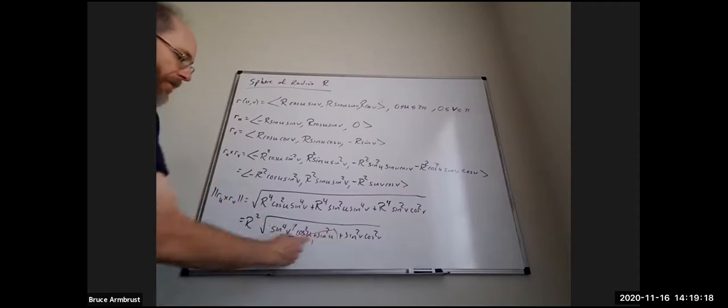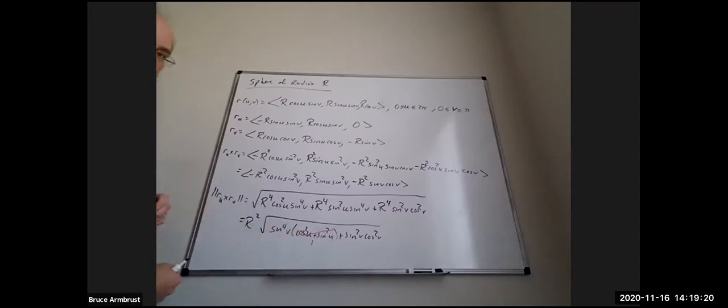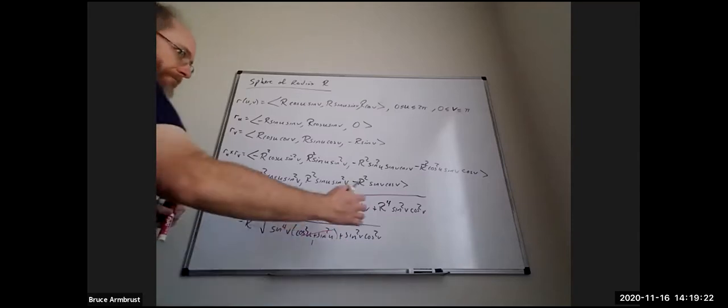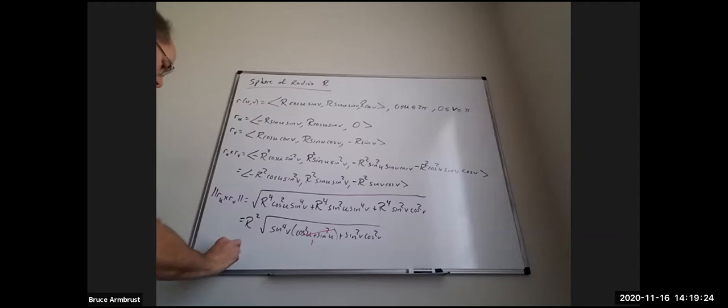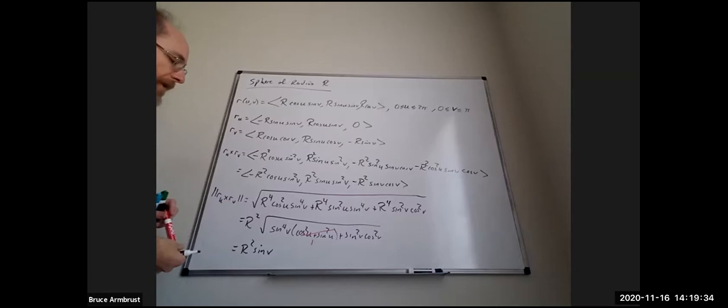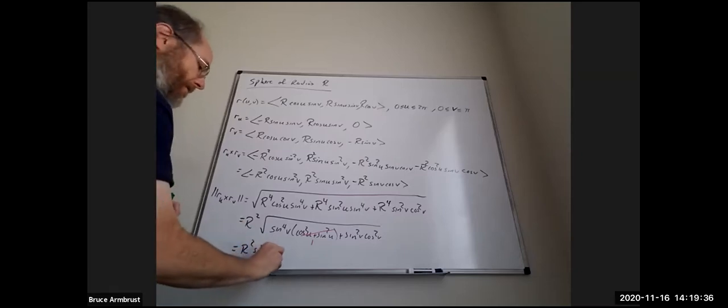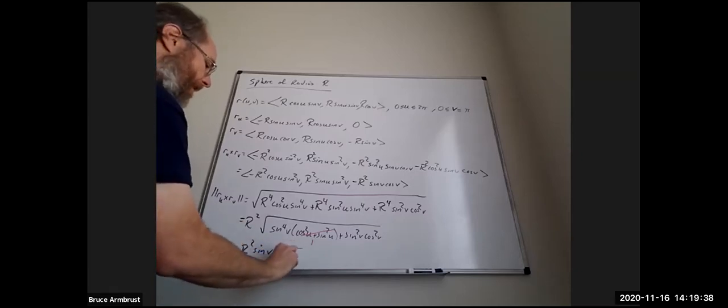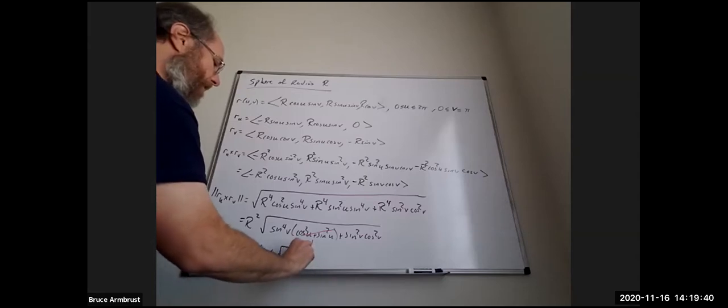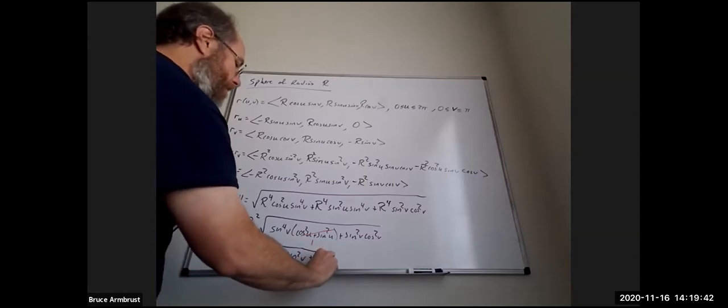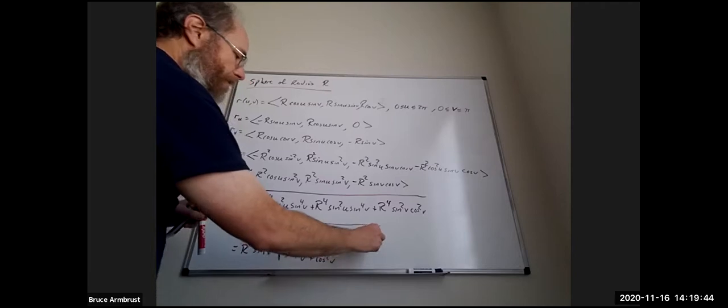Now, these both have a sine squared v. So I can factor that out. So I've got an r squared sine v, which leaves behind a sine squared v and a cosine squared v.